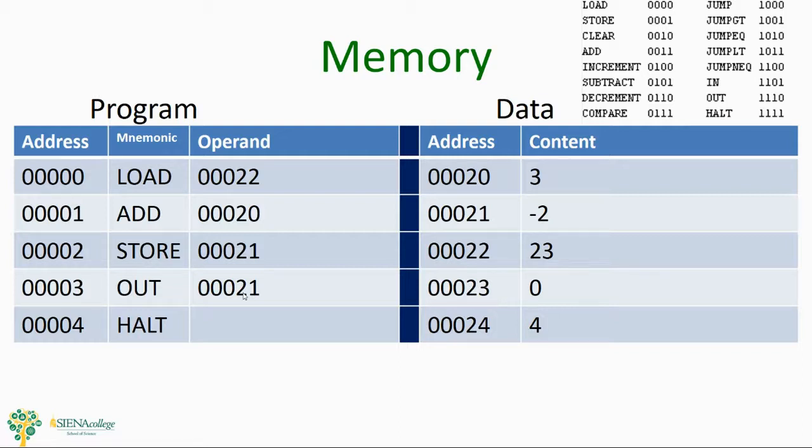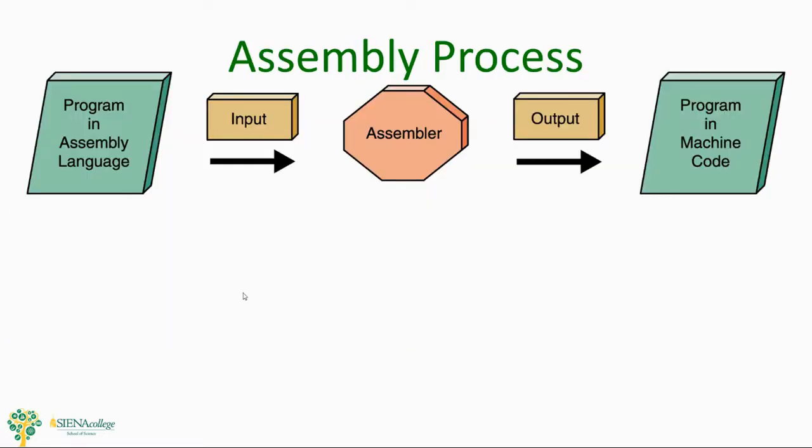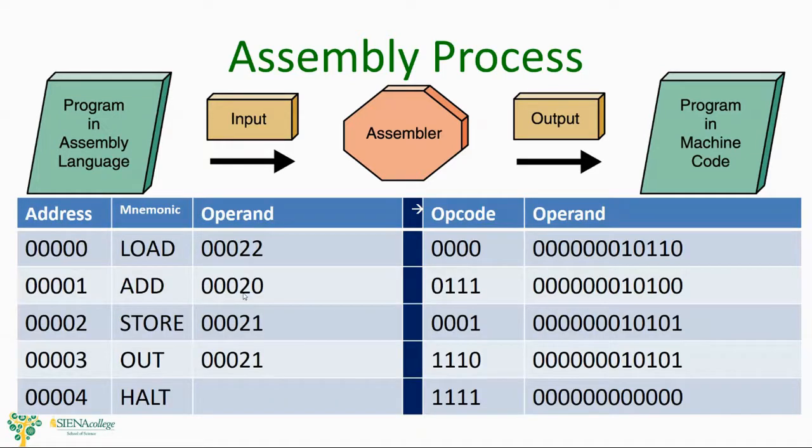Writing in machine language is difficult. So people will typically write their machine language programs in assembly, and they will then run it through an assembler to produce the machine code. So we would take our assembly program and produce machine code that the computer can directly work with.